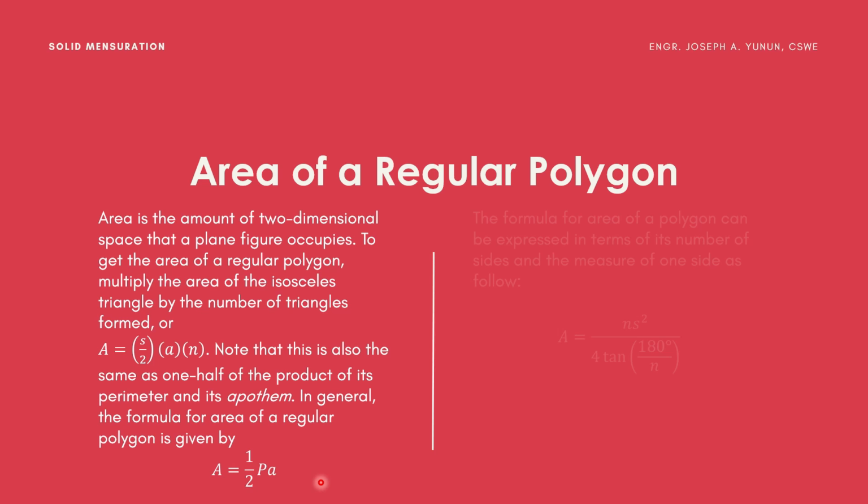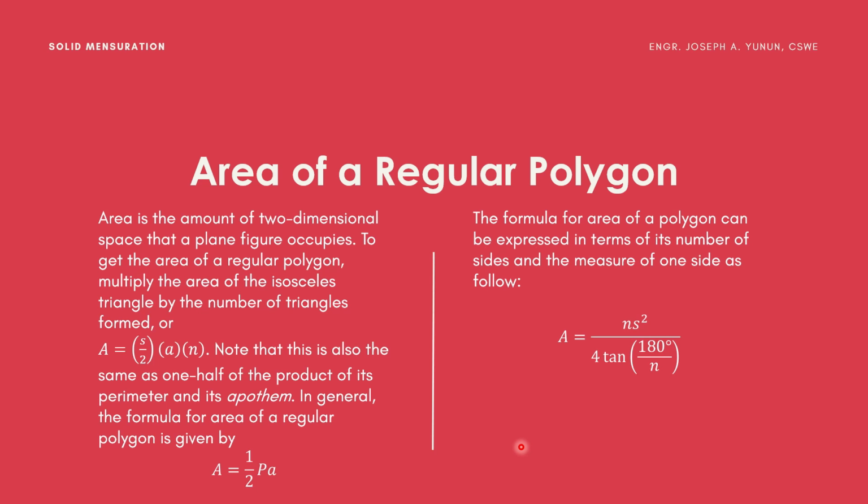Another formula, given the number of sides and the length of one side, you can use this formula, depending on the given. If the given is the number of sides, apothem, and the length of one side, you can use this one or this one.